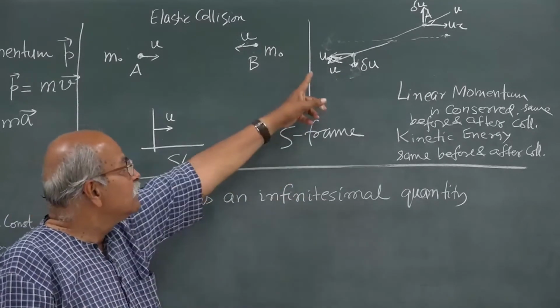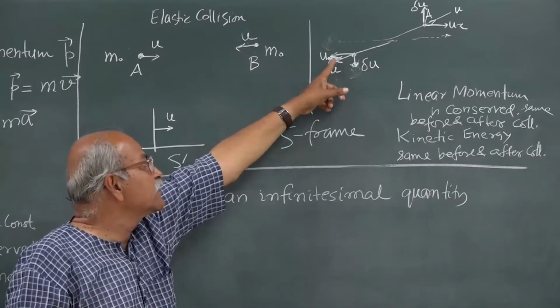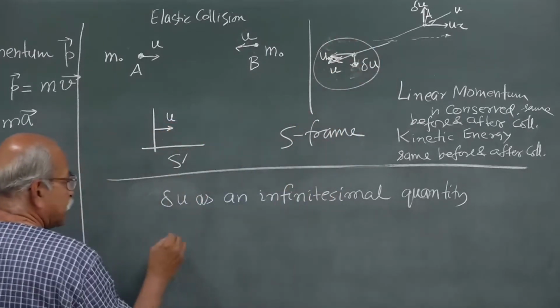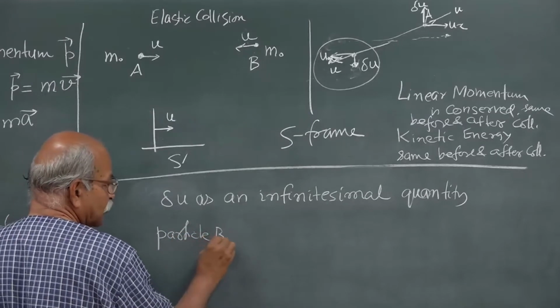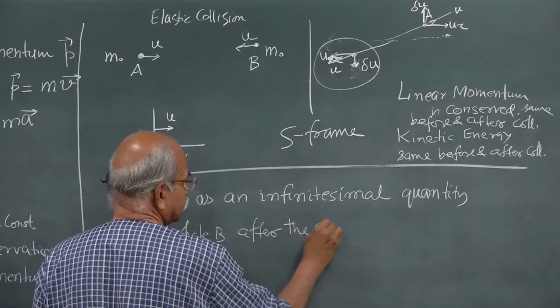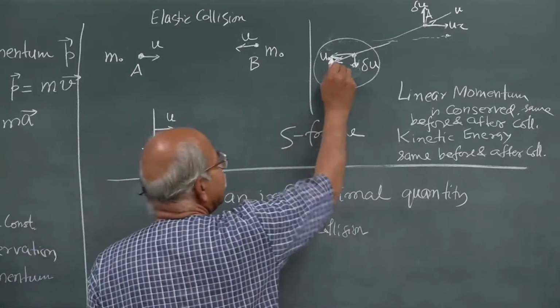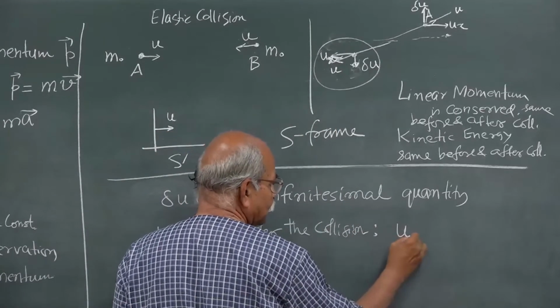So, if I look at the speed here, for this particle, particle B after the collision, what is the speed? The speed is u.